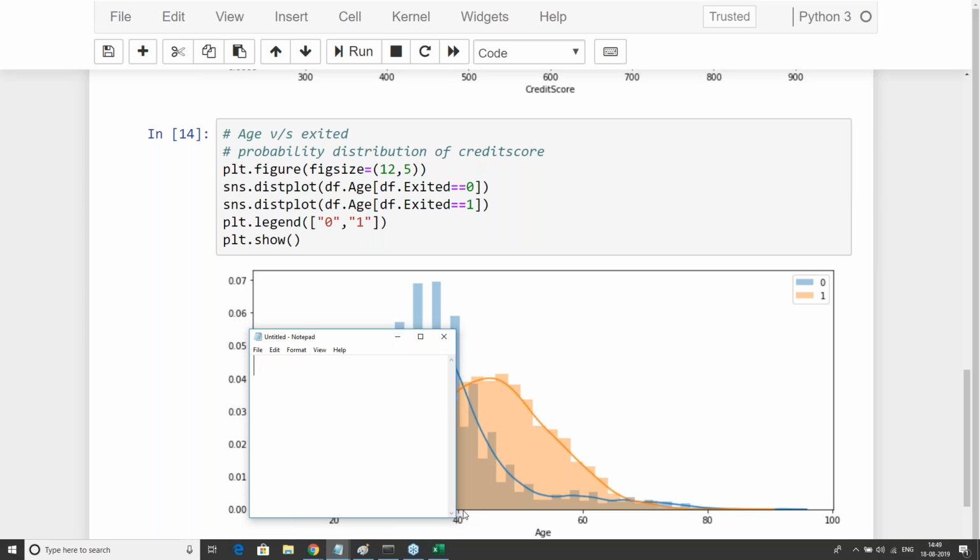So can we say that the majority of customers who are more than 40 years old are leaving the bank? Or for customers older than 40, is there a higher chance of customers leaving the bank, right?